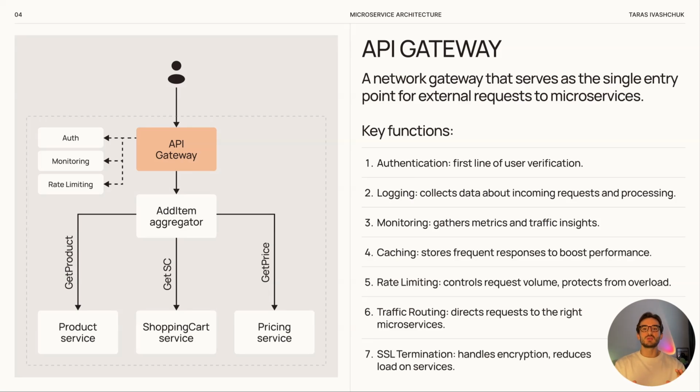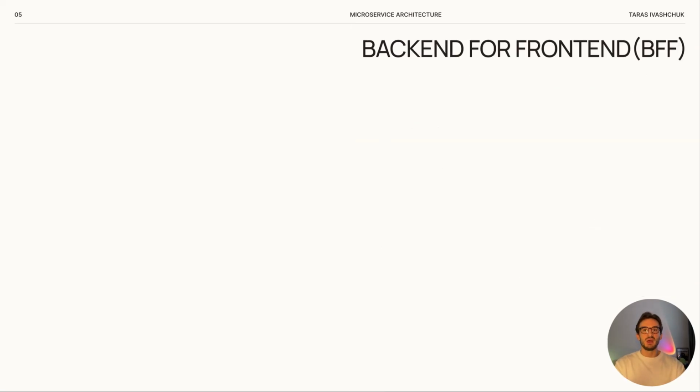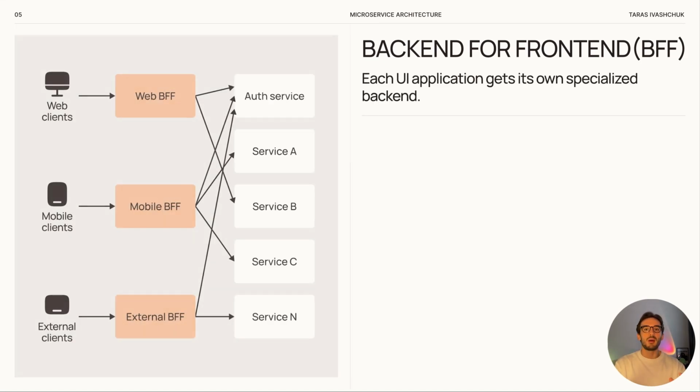Now, let's move to the backend for frontend pattern. It says that each UI application, for example, a mobile or a web app, gets its own specialized backend. In fact, you can think of BFF as a type of the aggregator pattern. The idea is to create an individual API for every client app to meet its unique needs and optimize communication.